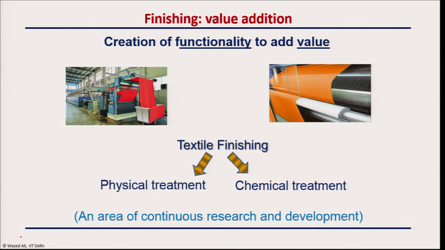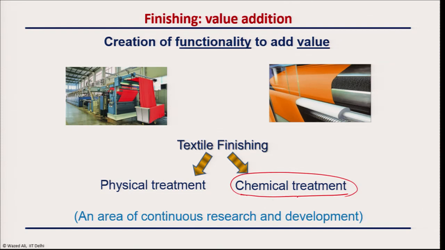One is the physical treatment process and another is the chemical treatment process, right. In the physical treatment process, for example, apart from calendering or different kinds of heat treatment, most of the innovations or functional property development come under the chemical treatment process, right.